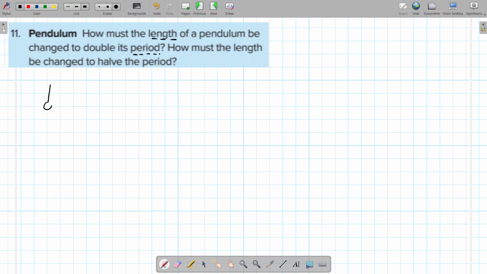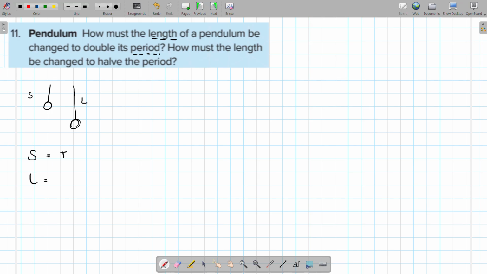Now we have a pendulum in this length, and we have a pendulum in this length. This is the shorter one. This is the longer pendulum. The shorter pendulum will have a shorter time period.